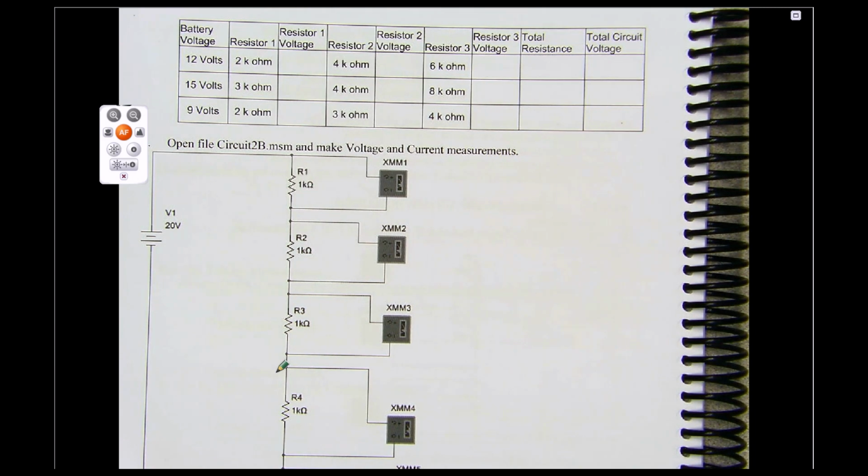And then you'll fill out this table, and you can see here that in this one, not all resistor values are the same, okay? So in this case, you're not going to have the same voltage across each resistor. You'll have slightly different voltages. So you'll fill out that table there.